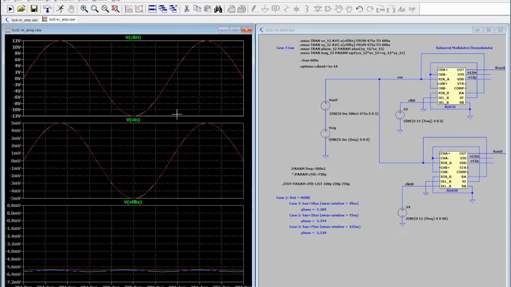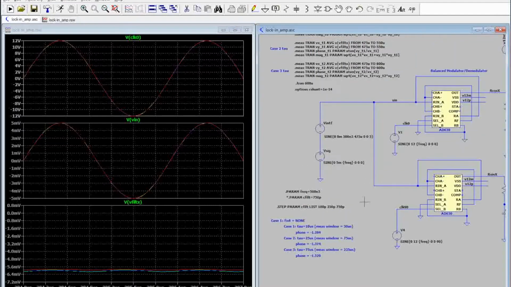As you can see, the amplitude is 10 millivolts for the signal. The clock is plus minus 12 volts. And the zero crossings are right where they should be at 0 degrees. The slight error that you see is probably due to the model that is responsible for the 8630 creating some internal delays or phase errors, which can, of course, be calibrated out in the real measurement.